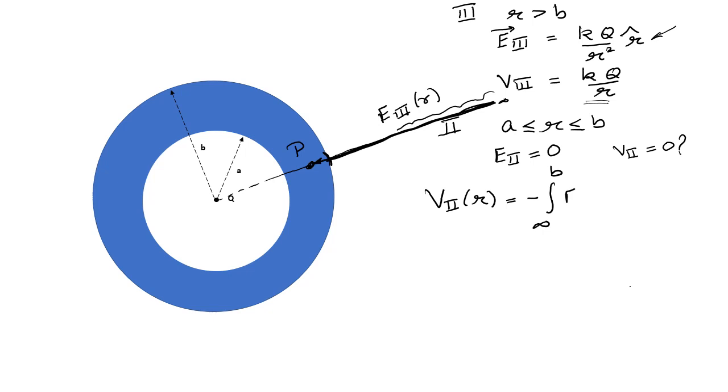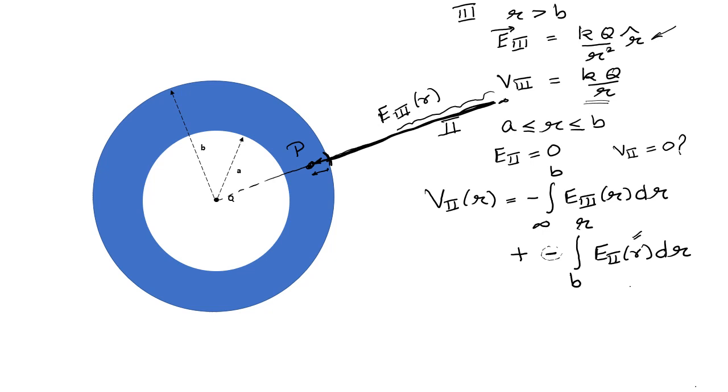So we have to do an integral of E3 dr, and then plus we have to take the extra step. This negative is coming because it is part of the definition of the potential. We have to go from B to R, E2 to R dr.